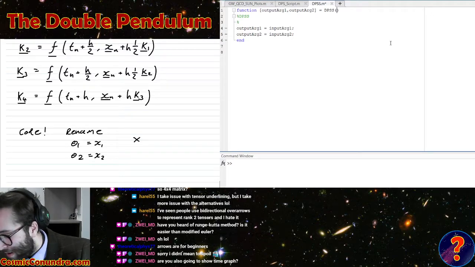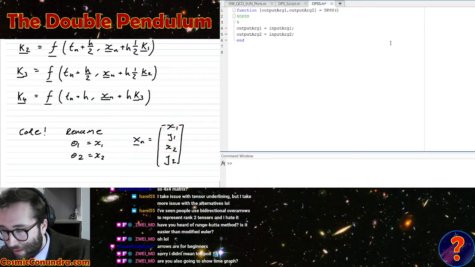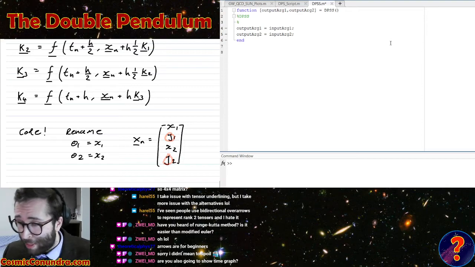So now, if you like, my vector x_n is given by x1, y1, x2, y2. The x's correspond to the angles that the pendula are at, and the y's correspond to the angular speeds the pendula have, just as a notational thing.